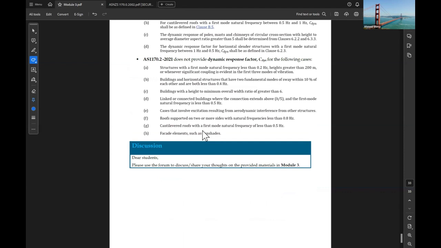Do you have any questions, guys, regarding the wind calculation? No, all good. So let's quickly have a look at the tutorial. Thank you, Paris.